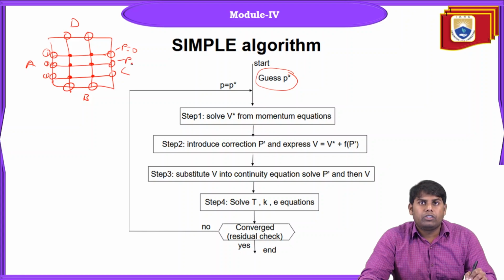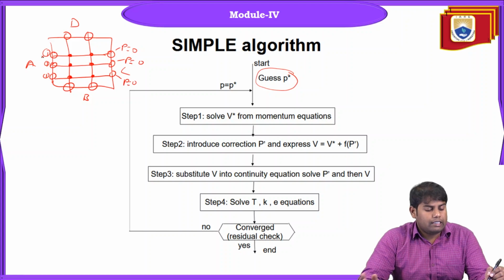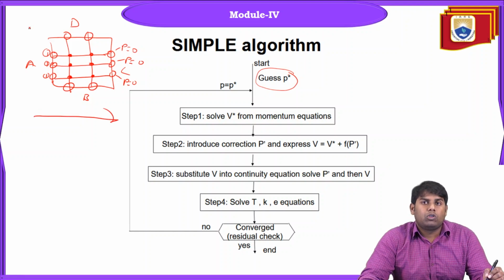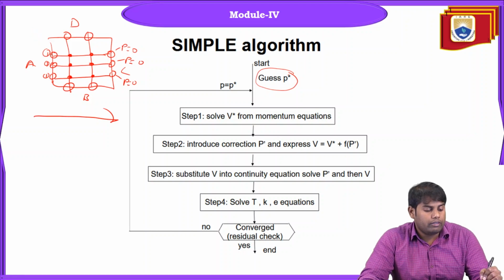So at A and C you apply flow conditions with high pressure at A and low pressure at C, so that flow will move from A to C. The boundary conditions are applied on the boundary points, which are the circle points.